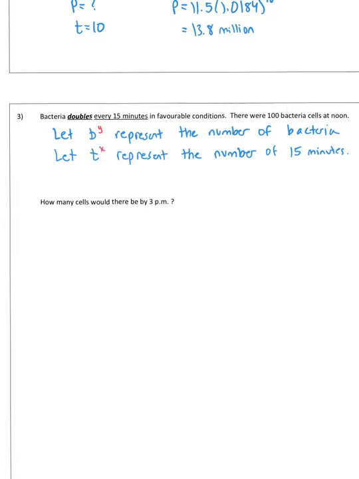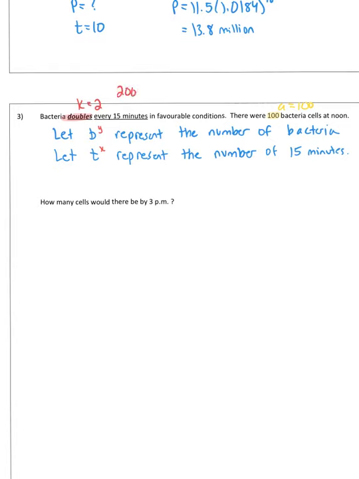So now let's identify the A value. That's the initial value. So we're initially starting with 100 bacteria. So A is 100. And then the K value, the growth, is your doubling. So that means K is equal to 2. Doubling means you are increasing by 200%.